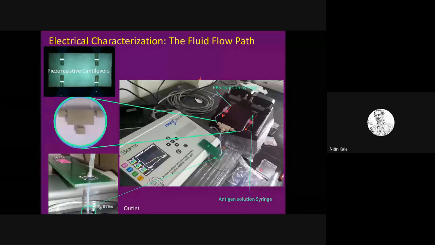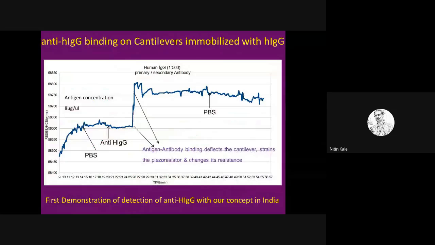So you can see this path now, it is very clear. And what you can also see is that this connector region is connected with the electronics, which is monitoring the resistance of the cantilever. Yeah, so you flow PBS, over a period of time it stabilizes, then you push in the antigen.